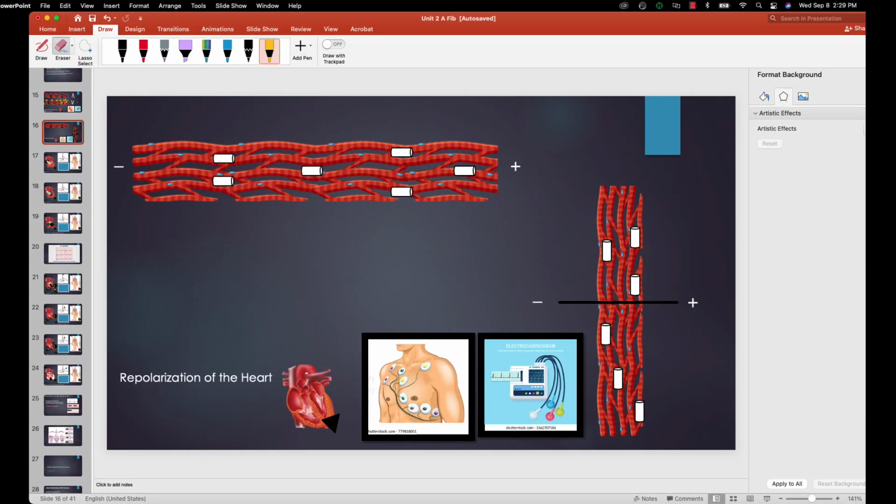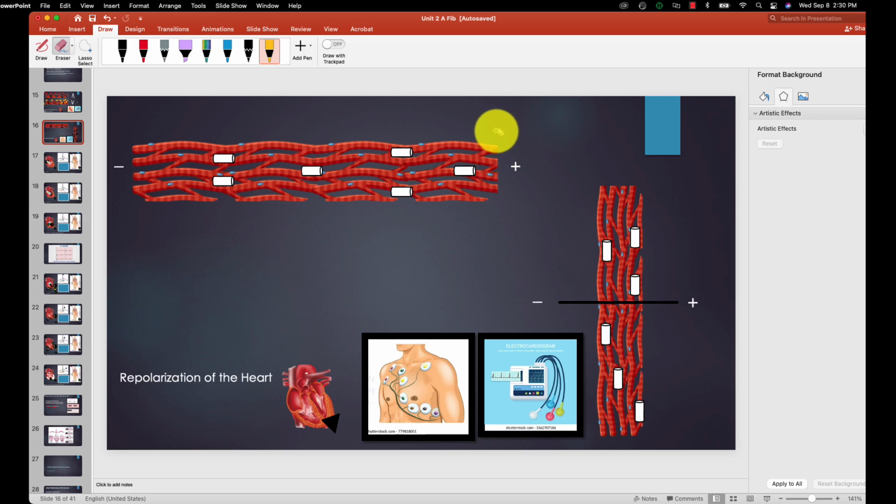So now we're going to talk about repolarization and how the ECG machine determines if something is repolarizing. If we start talking about the repolarizing process, it's going to be the opposite of the depolarizing process. The cells that were made positive through depolarization are now going to have to regain that negative charge. So if we look at this piece of cardiac bacon here, and we were talking about the depolarization process, it starts from the right to the left, and it's going away from the positive charges, right?